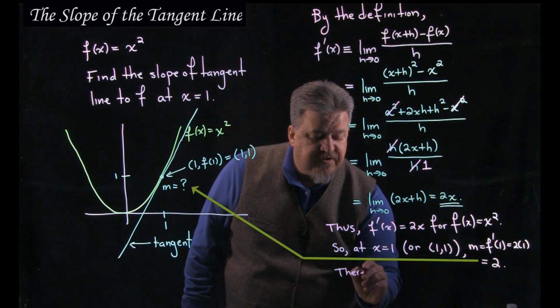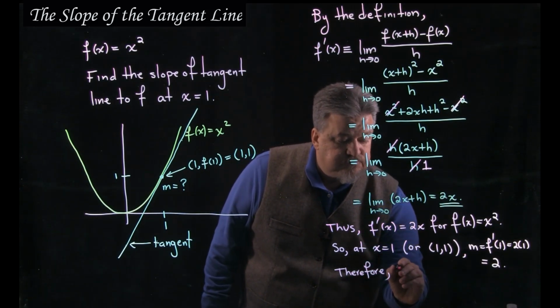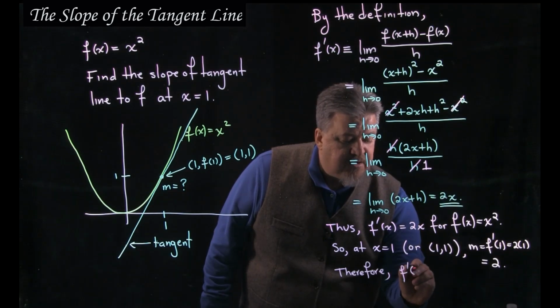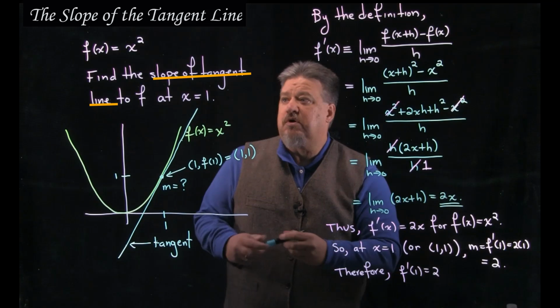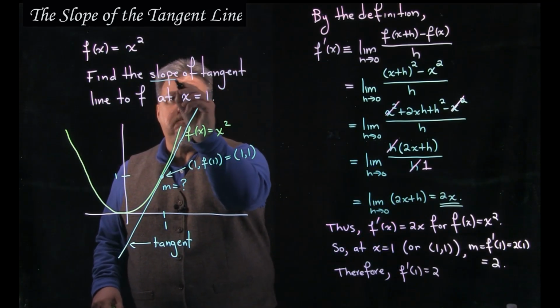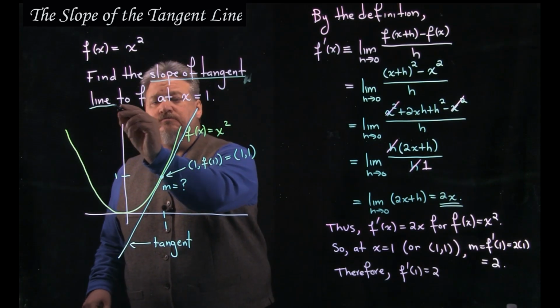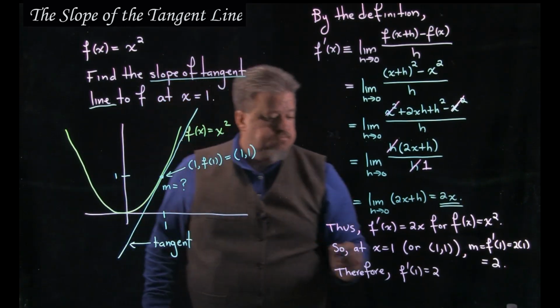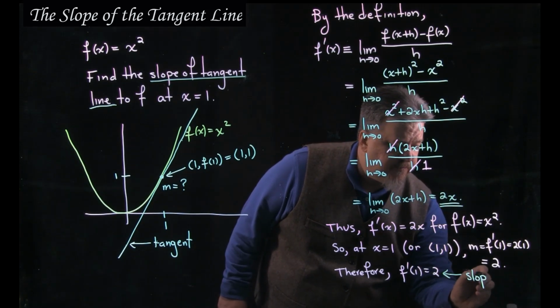Reiterating or stating the final conclusion, therefore, f prime of 1 is 2, and this is precisely what we were asked to find, the slope of the tangent line to f at that value.